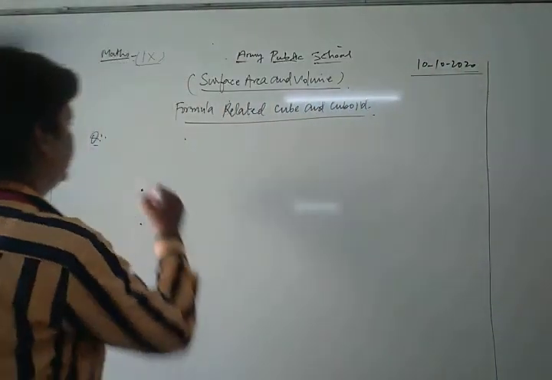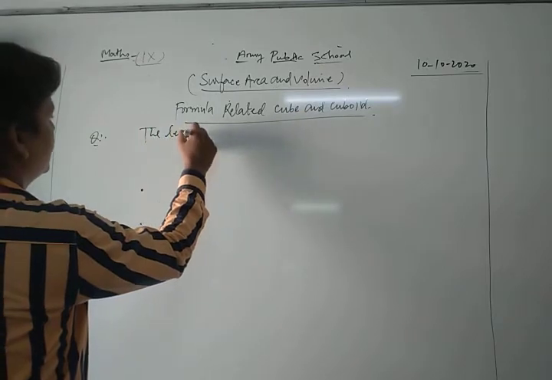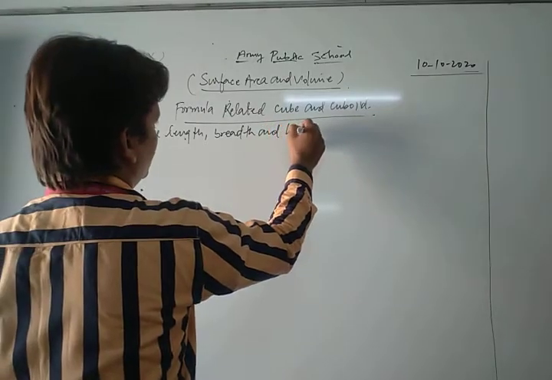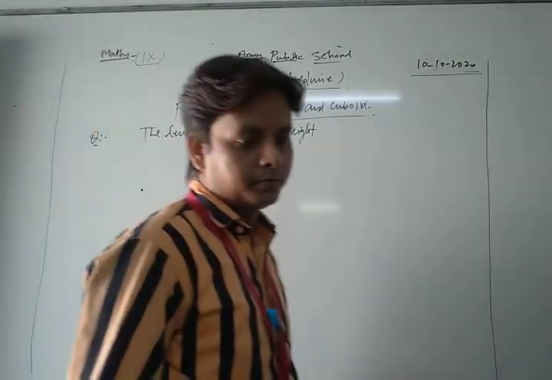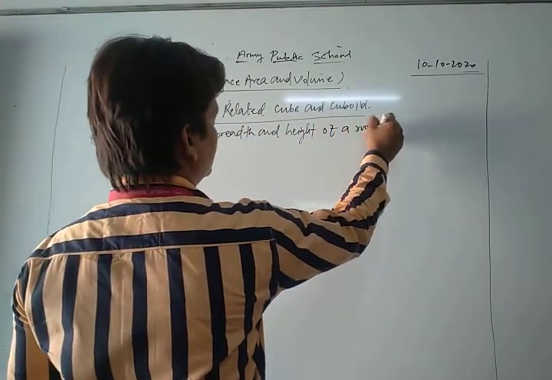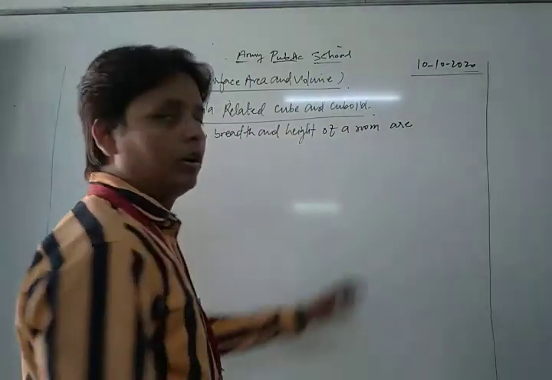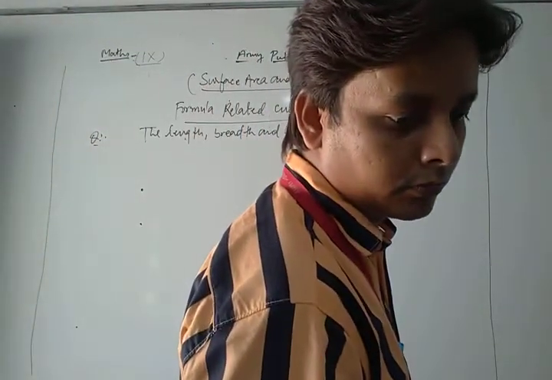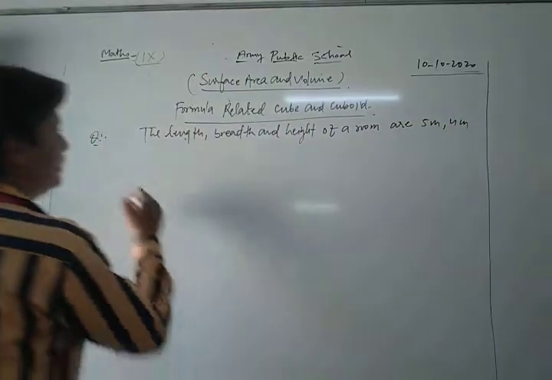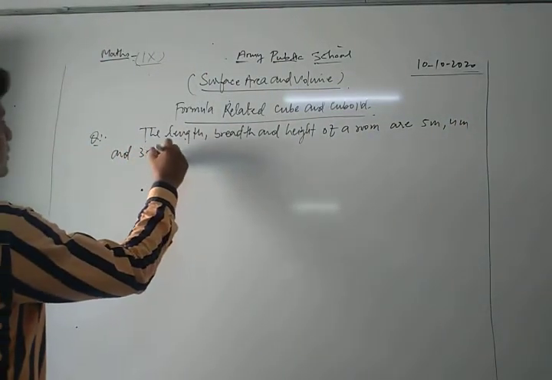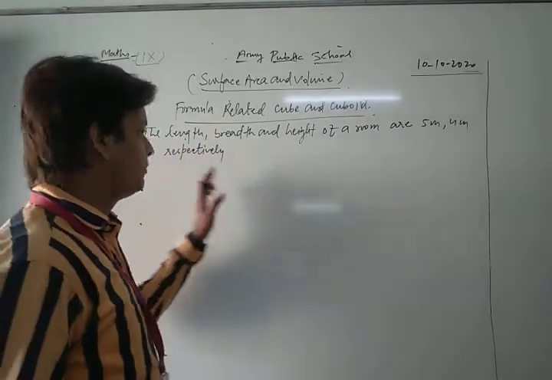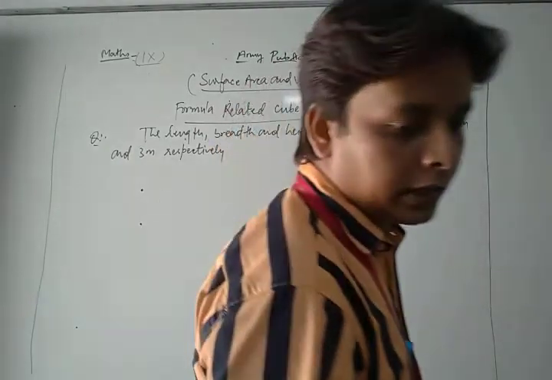The length, breadth and height of a room are 5 meter, 4 meter and 3 meter respectively.